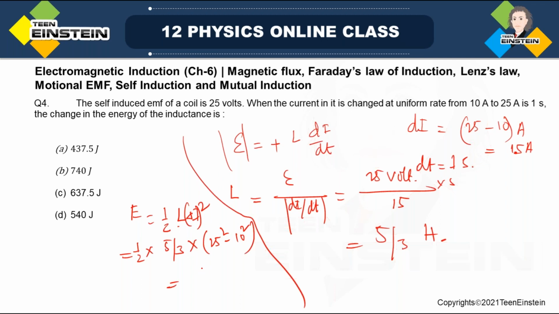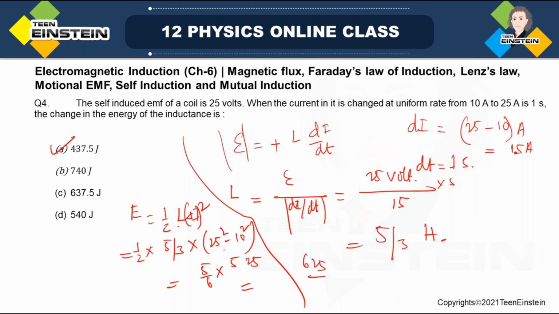So this will give you 5 by 6 into 625 minus 100, so this is 525. Now, if you simplify it, you'll be getting this particular value. This is very simple.